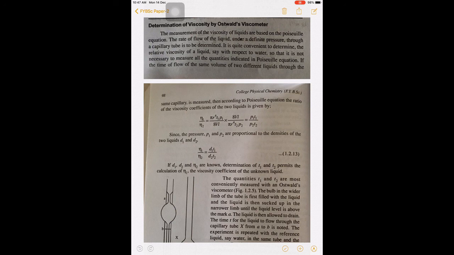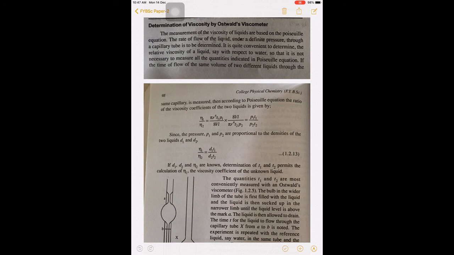Dear students, if you see this equation, whatever the values are given in the Poiseuille equation, that is eta is equal to pi r raised to 4 t into P divided by 8 V into L, all these values are not necessary to calculate when we are calculating the viscosity of any liquid.